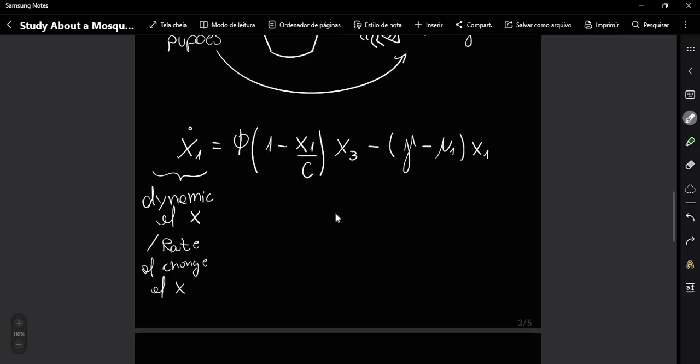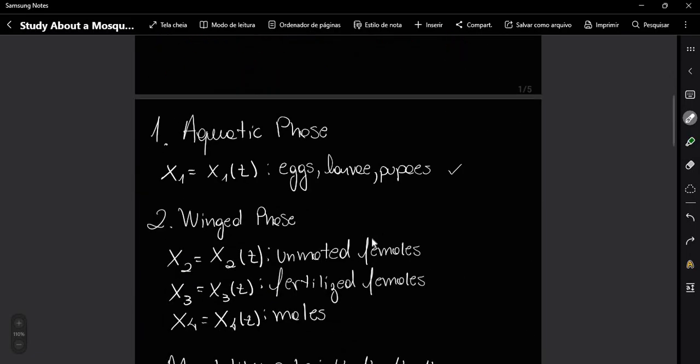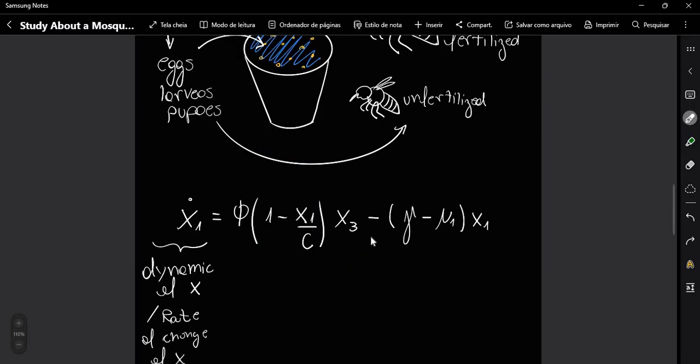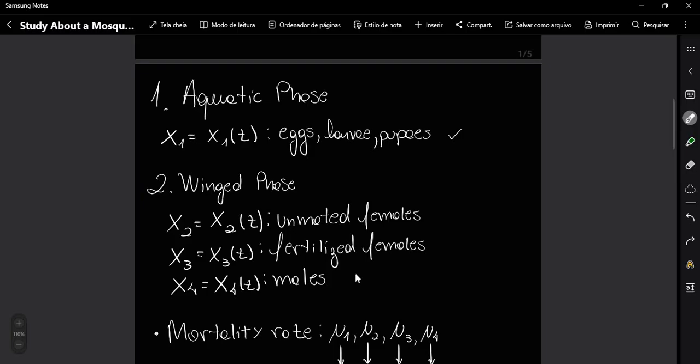We first wrote x1 dot, which is the dynamic of x1, or the rate of change of x1. Since x1 is the first stage, the eggs, larvae, and pupae, to write this equation we need to look at the variables relating to this first stage.